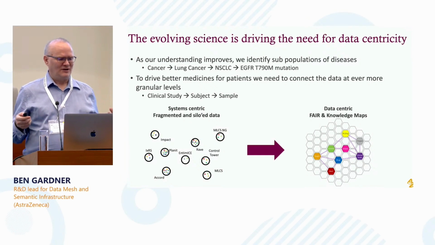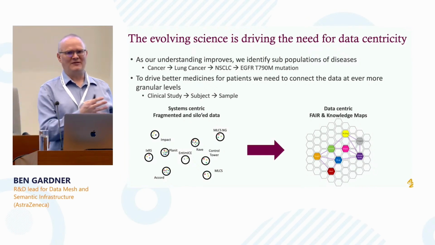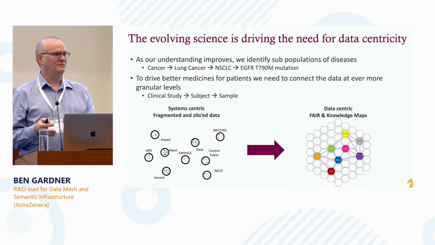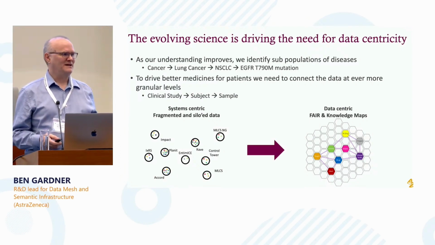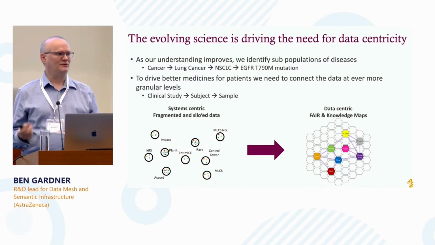And all of this means that we have to move from talking about the clinical study to talking about the subject to talking about a subpopulation and the samples within that population. So we're moving our science from what was a very fragmented state to an integrated state where we can talk about it and explore it in this fashion.